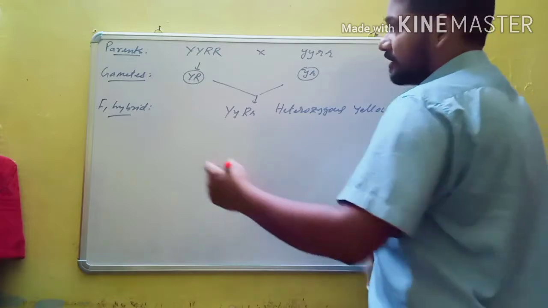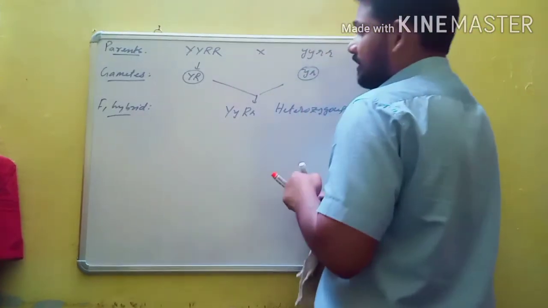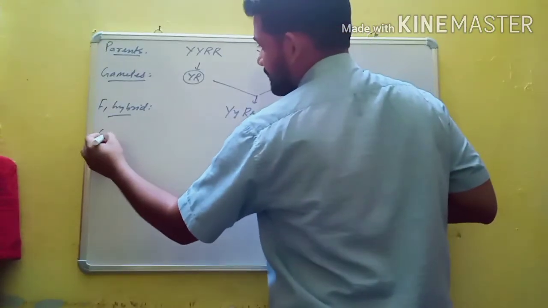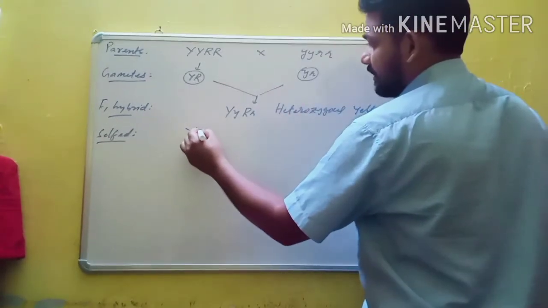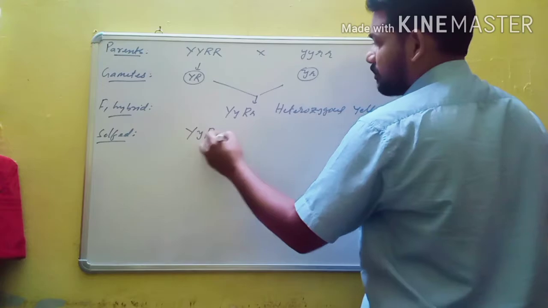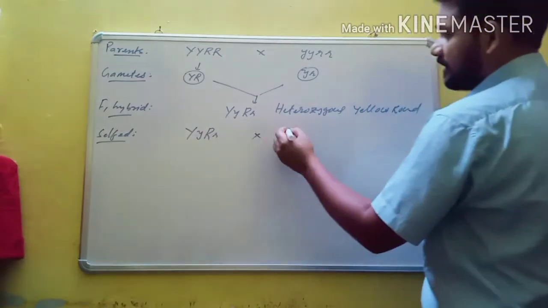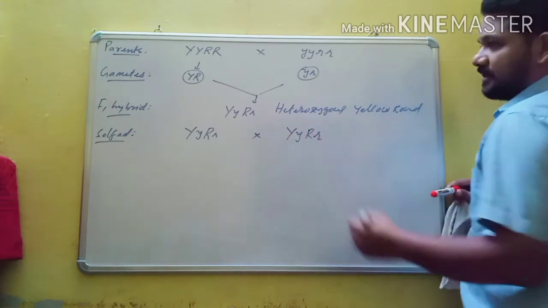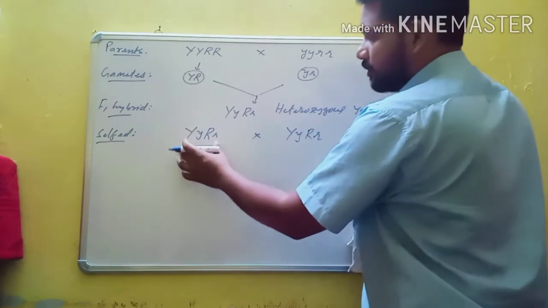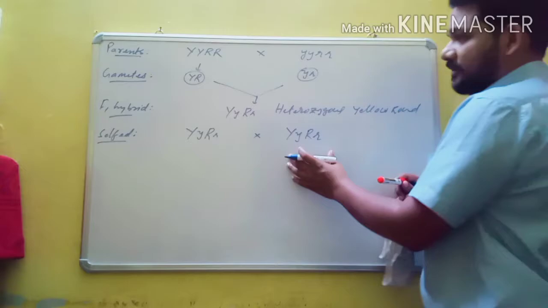Then they are self-fertilized. When two plants of the F1 generation are self-fertilized, both parents have the same heterozygous condition, Yy Rr. What gametes will these parents produce?